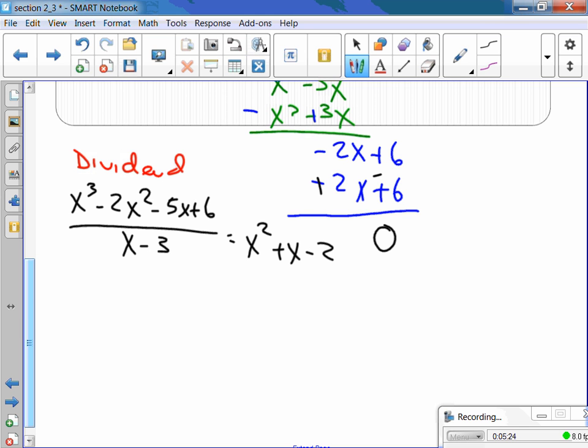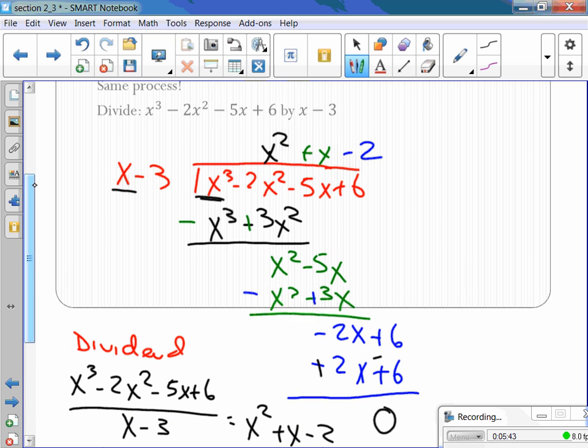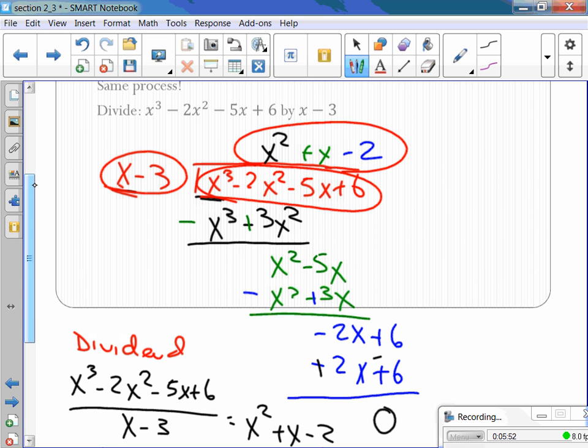X minus 3 was my divisor, x squared plus x minus 2 is my quotient. I'll be mentioning those terms quite a bit. Divisor, dividend, quotient.